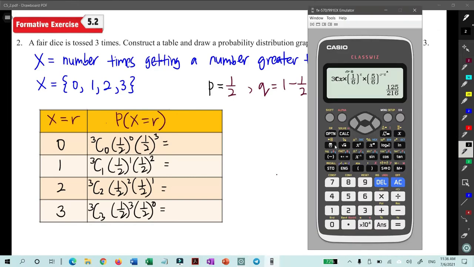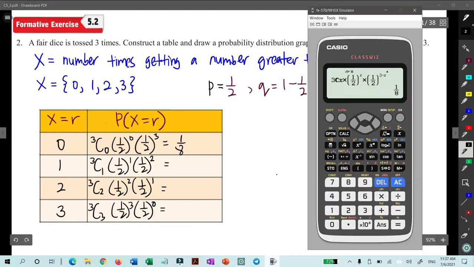Let's key in 3Cx multiplied by 1 over 2 to the power of x, multiplied by again 1 over 2 to the power of 3 minus x, and calc x equals to 0, and the value is 1 over 8.